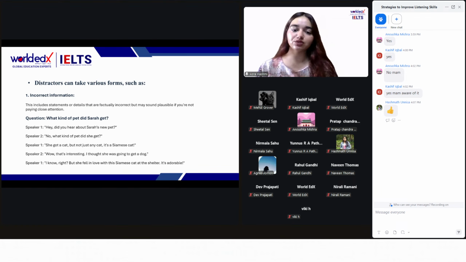Now, see, here it says she got a Siamese cat and speaker two says, oh, I thought she was going to get a dog. If you're not listening to this correctly, you might think that the answer is a dog, right? But the answer is a Siamese cat. Why? Because initially the idea might have been to get a dog, but that is redundant information in this context, and hence the answer is Siamese cat. So here, what they gave, she was going to get a dog, is something which was not needed.